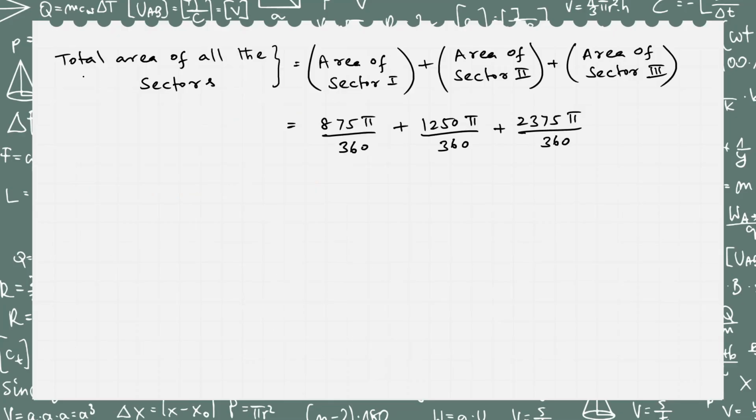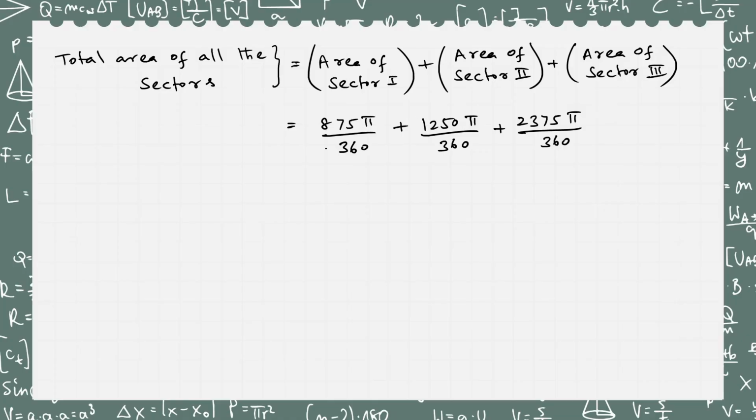Okay, now we need to find the total area of all the sectors, right? That can be obtained by adding all the three areas. So that will be equal to 875 pi by 360, which is the area of sector 1, and 1250 pi divided by 360, which is area of sector 2, and 2375 pi by 360 is the area of sector 3.